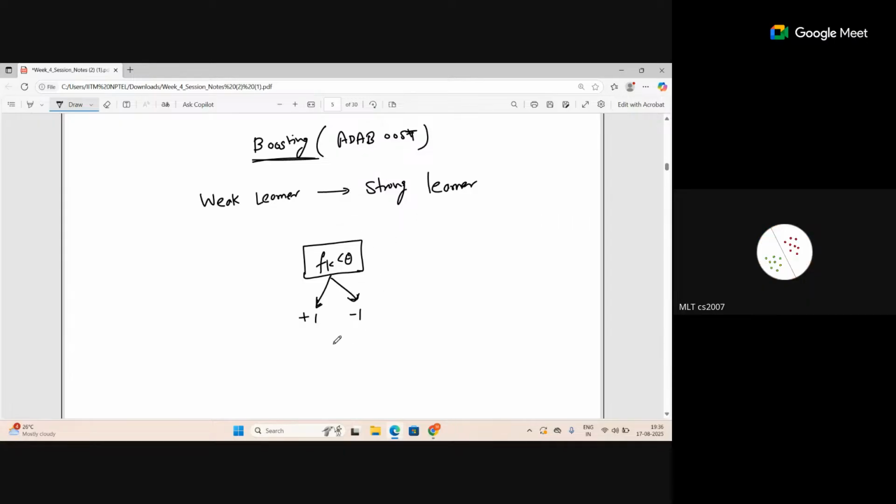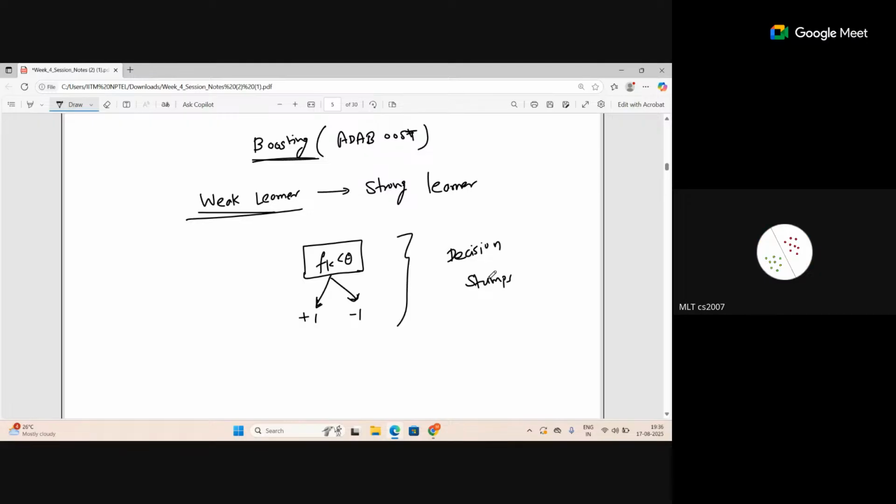If you use one or two levels, then this underfits, so this is a weak learner. Is it learning properly? No. If you use only one question, it will not learn, and this is called a weak learner. Generally, these weak learners are called decision stumps. They are not decision trees. A decision tree is a series of questions with multiple levels.